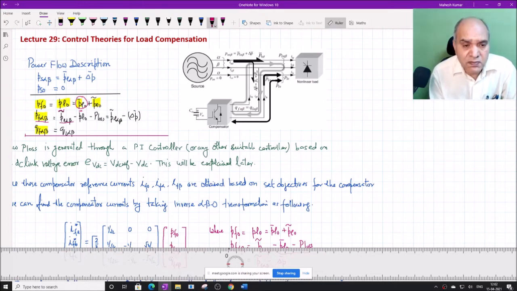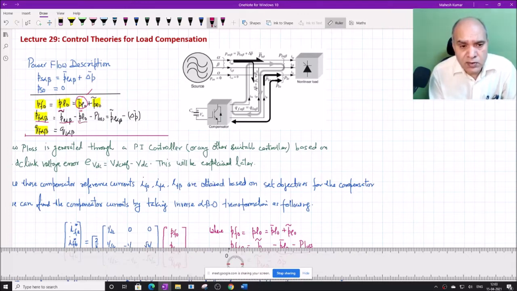Minus means it is taking power from the source and pumping it through the zero sequence term PL0. And minus P loss, this term I added in the last class also, tells that there are some losses in the inverter.